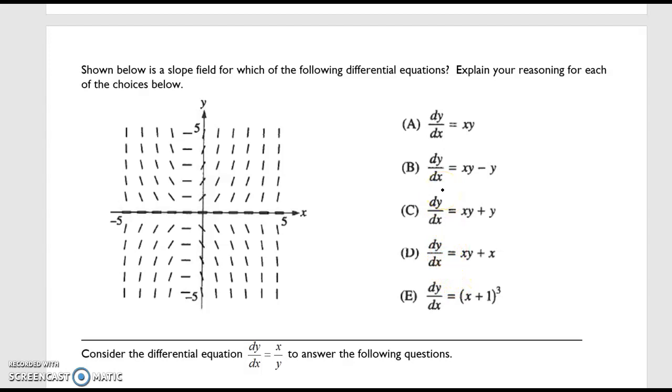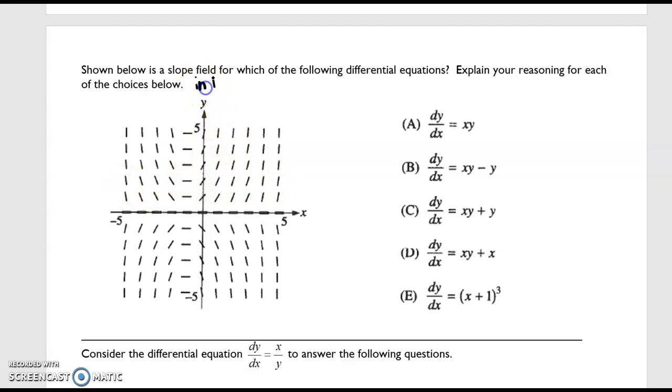To help me out, what I can do is just zoom in on the x coordinates and the y coordinates, and especially the zero slopes. So one thing I want you to pay attention to right away is if I look at a certain x coordinate, like x equals 1, if I look up and down, I see that those slopes are different. Those lines are not all parallel. So that means if I look at the y's, it's the same thing.